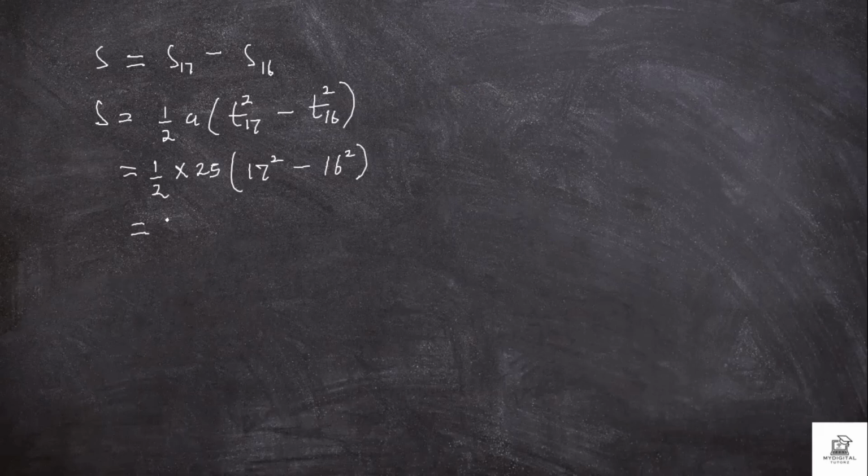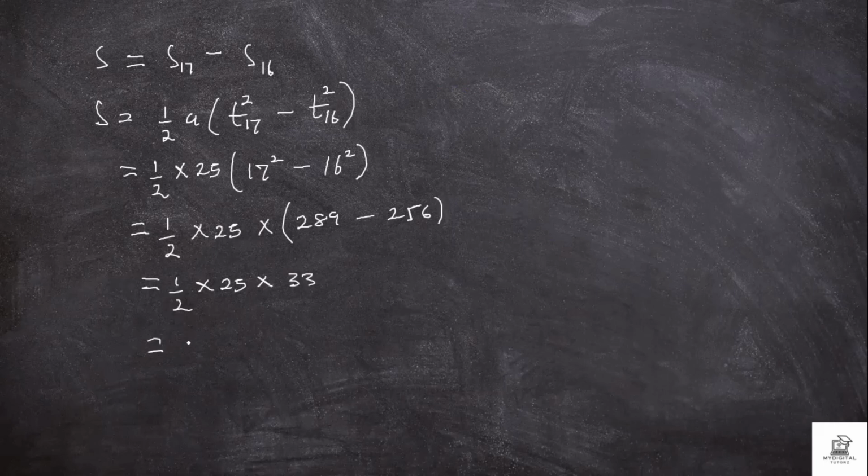Quickly, we have 1 over 2 multiplied by 25, then multiplied by 17 squared, which gives us 289, minus 16 squared, which gives us 256. So I have it to be 1 over 2 multiplied by 25 multiplied by 33.